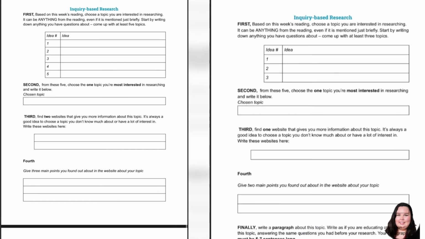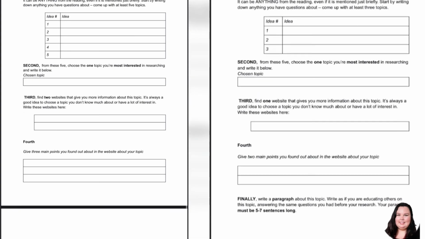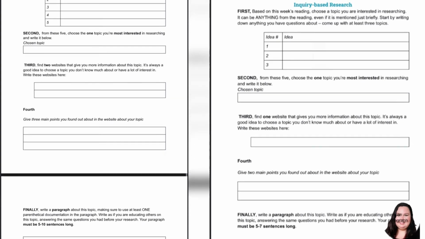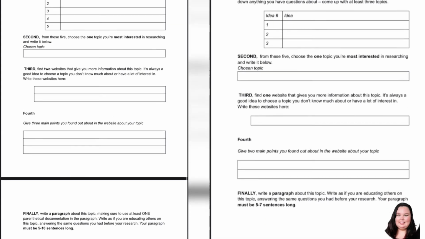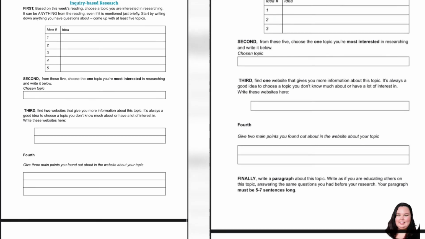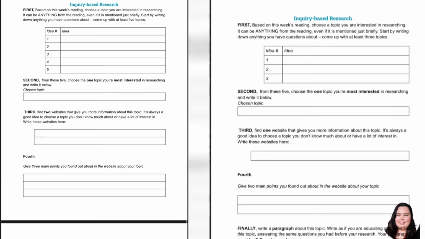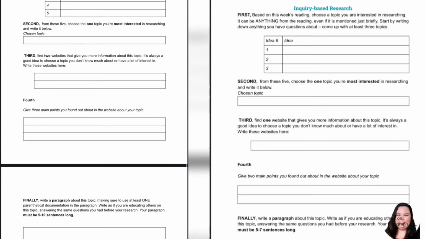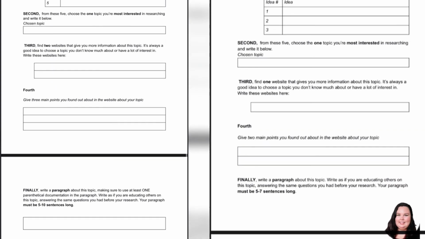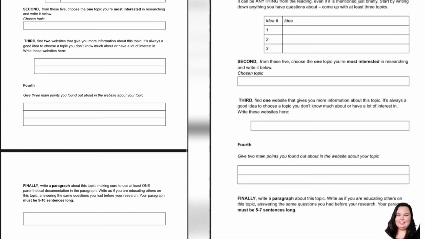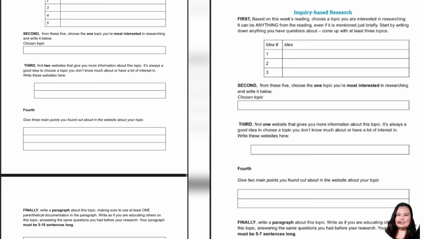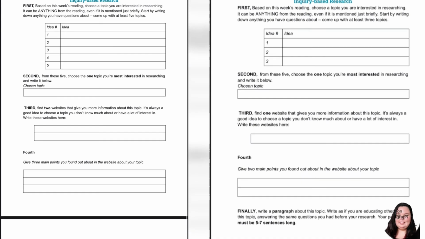And instead of 2 websites, I had them pick 1. And they had to give 2 main points instead of, I think it was 3 or 4, what the original one was. And then finally for the paragraph, I removed the requirement for the parenthetical citation, and I reduced the sentence length to 5 to 7 sentences long.